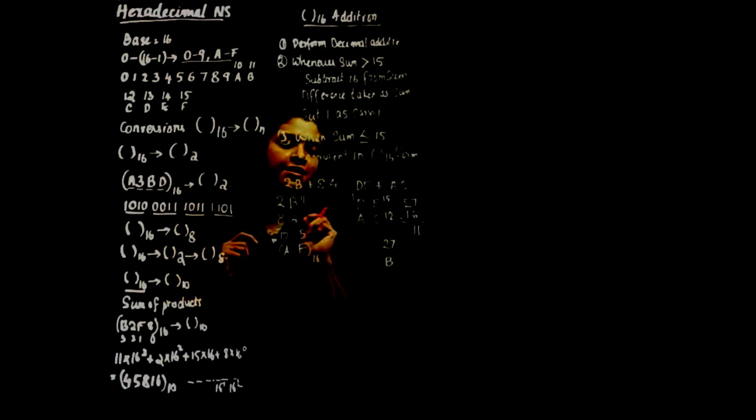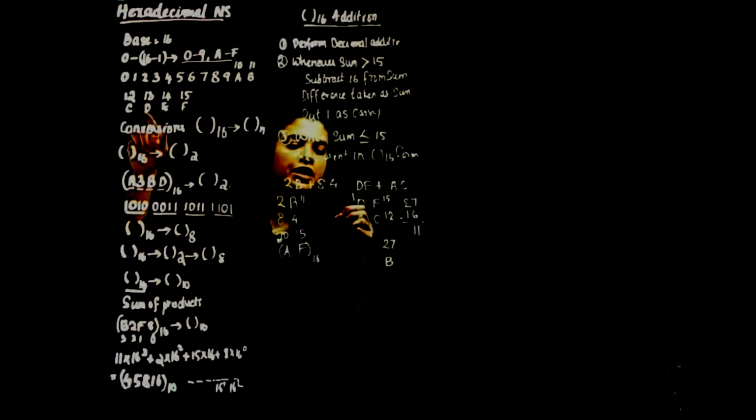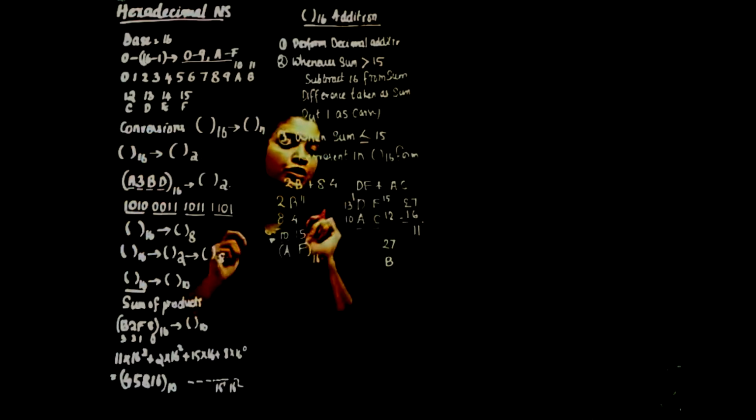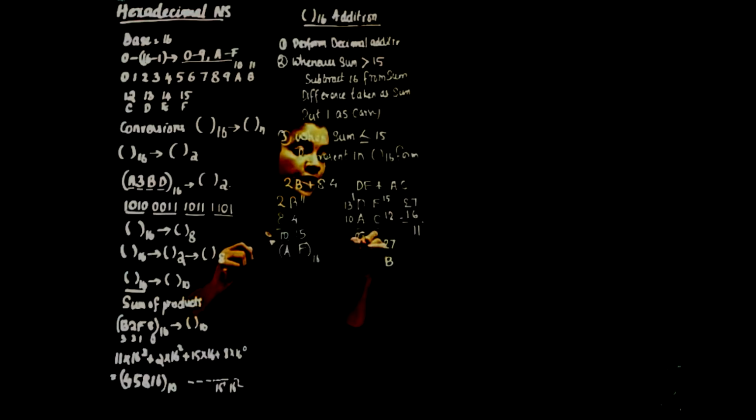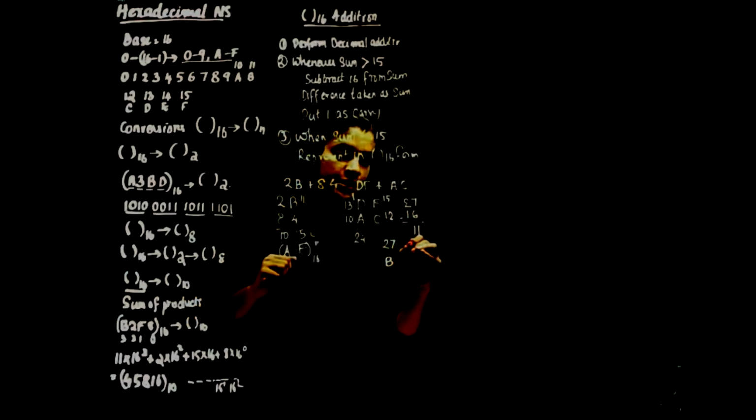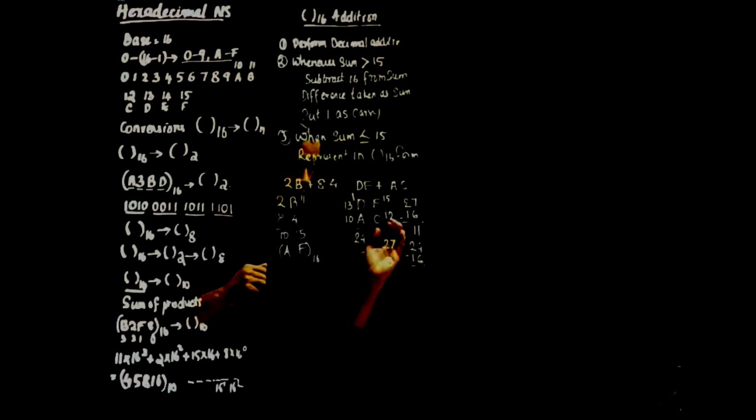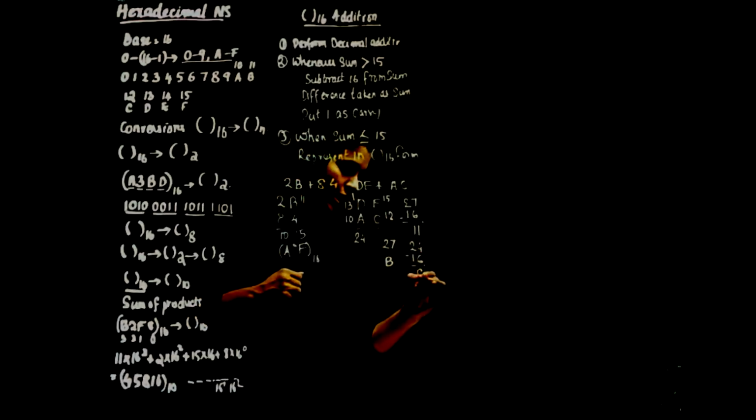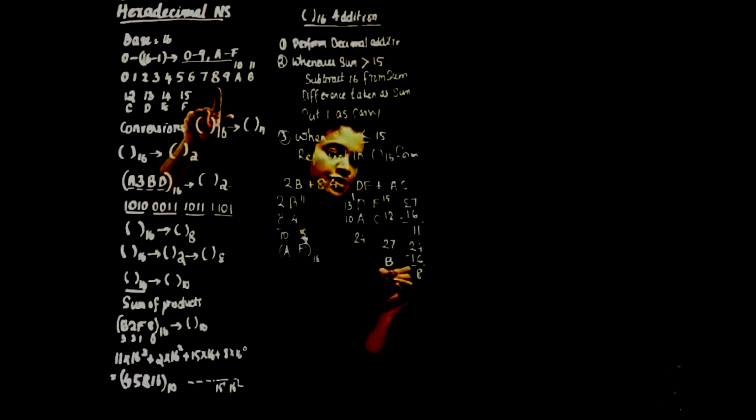Now D and A. D corresponds to 13, A corresponds to 10. This is equal to 24. 24 is also greater than 16, so from 24 subtract 16, which gives 8. The representation of 8 is 8 itself.